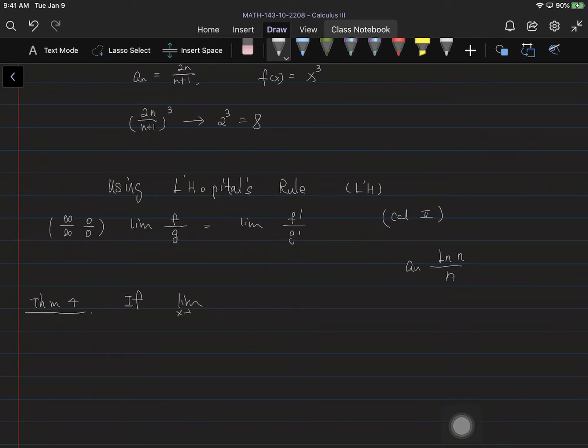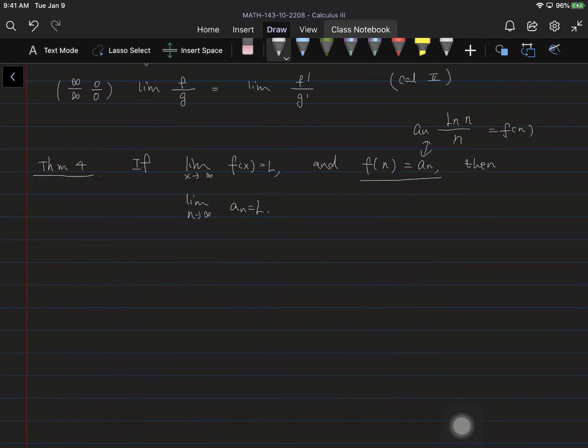If the limit as x goes to infinity of f(x) equals L, and f(n) equals a_n, then the limit as n goes to infinity of a_n equals L. I will show you what the meaning of this theorem is.